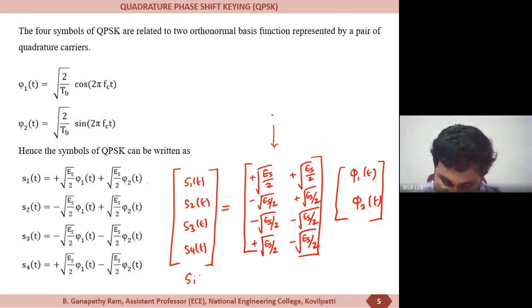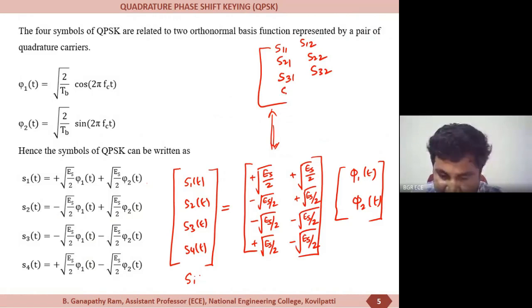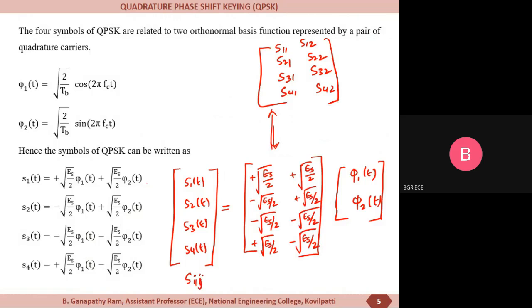Each of this matrix can be represented as S11, S12, S21, S22, S31, S32, S41, and S42. And Sij is the correlation between Si of t and phi j of t, where i varies from 1 to 4 and j varies from 1 to 2.